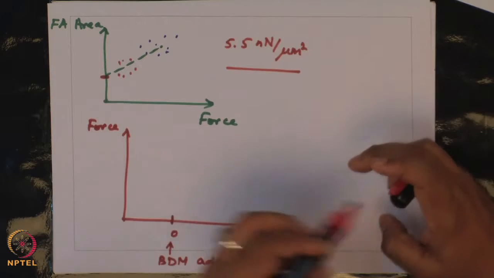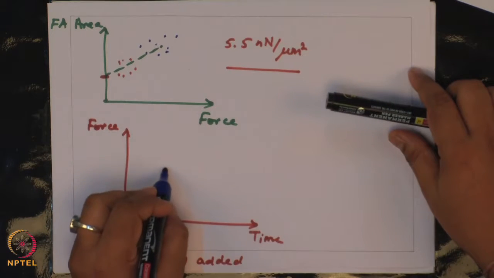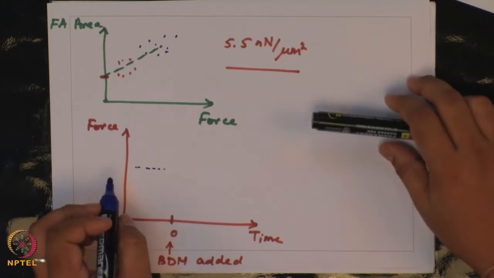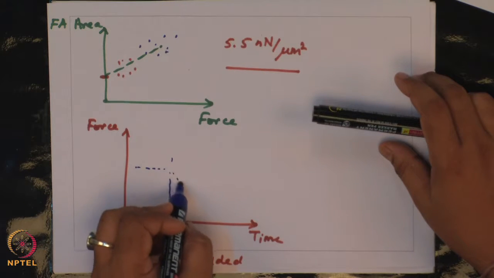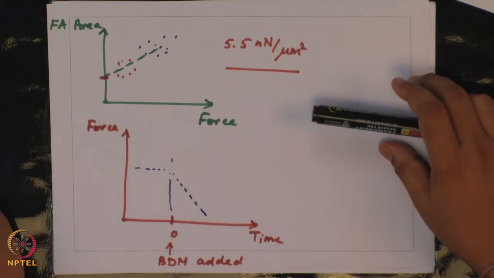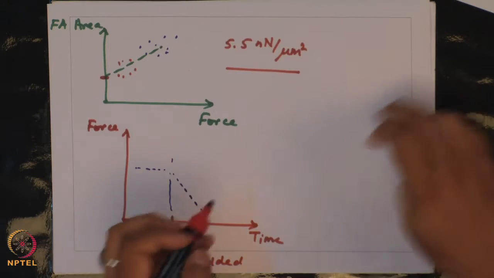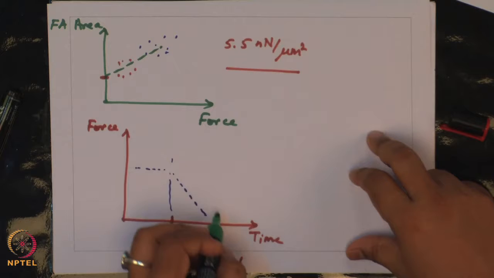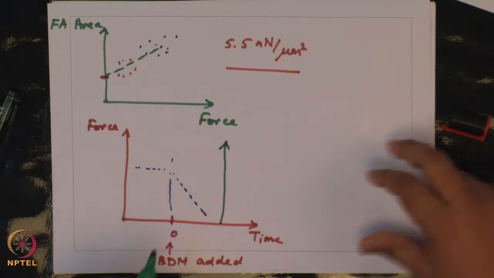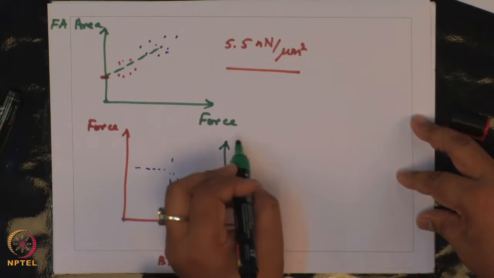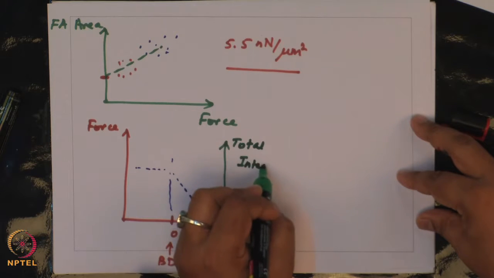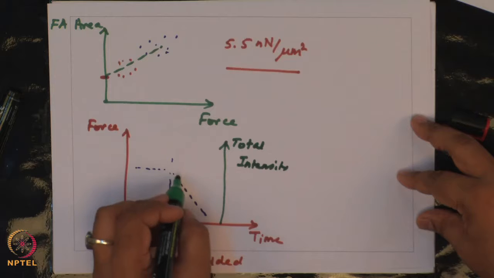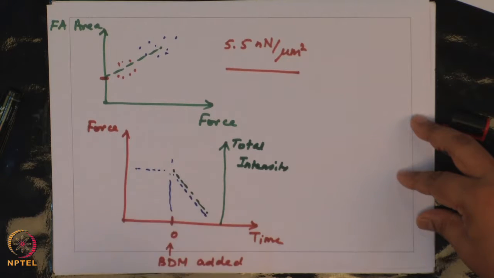So, before that point you have some constant value, and then beyond this transition point they start to drop. Okay. So, correlated with this drop in focal adhesion force, when they also plotted the focal adhesion total intensity, this also exhibited a drop.